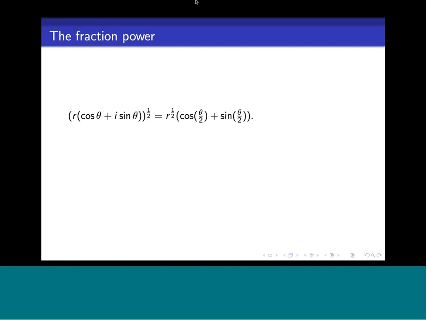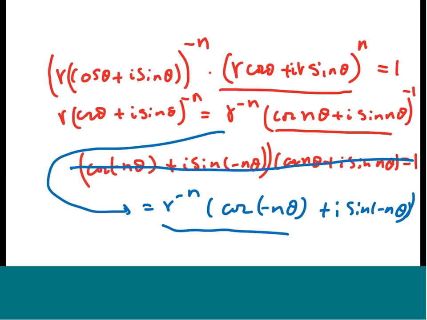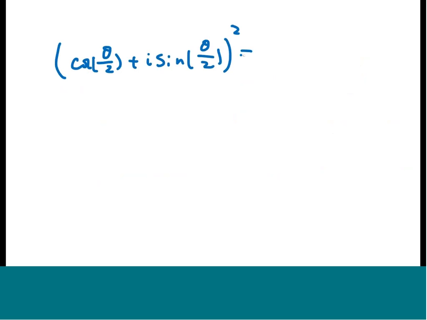Then you can have 1/2 that way, because you have cosine plus i sine, 2 to the 2. Actually, we don't really care about that.